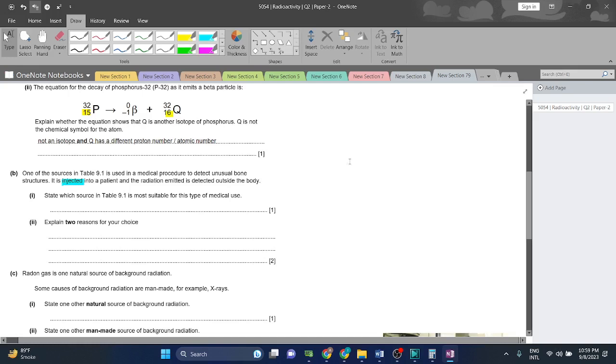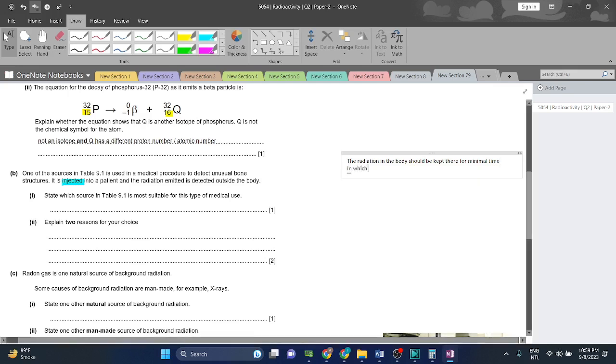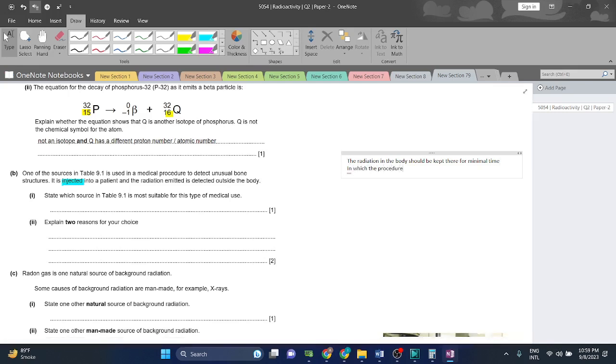Several factors being the radiation in the body should be kept there for minimal time, the time in which the procedure is done.